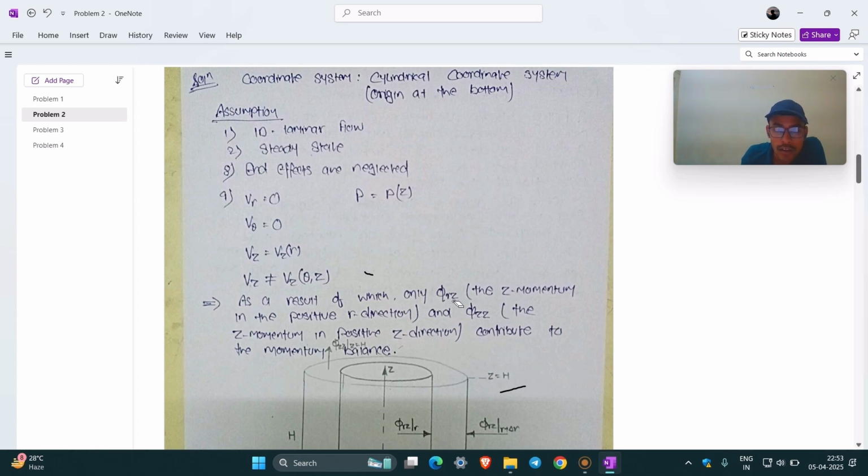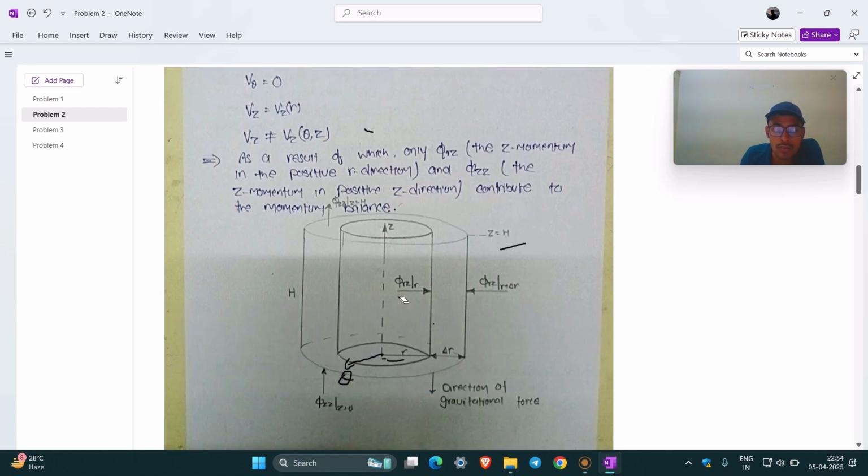Since phi theta z has no component, because v theta is 0 and vz is not a function of theta, we are left with only two flux components: phi rz, the z momentum in the positive r direction, and phi zz, the z momentum in the positive z direction, which will contribute to the momentum balance. So this is our differential cell. Here we have taken the slug with directions r, theta, and z.